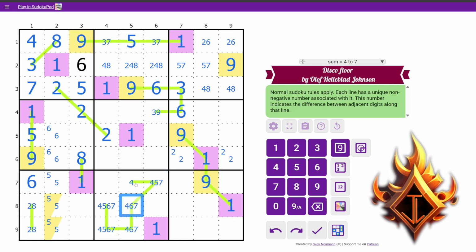Nothing else works because 5 would either go here or 6 would go up here. So this has to be 4, and it has to count up or else it's going to run out of digits. So it has to go all the way up like that. That'll make that an 8.